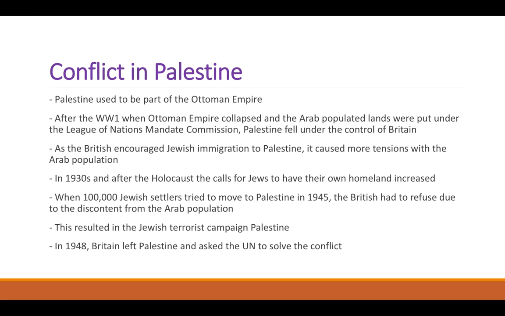So, in the 1930s, when Nazi Germany was evolving and Hitler came to power, and the Holocaust happened during the Second World War, more and more calls would be heard for the Jews to have their own homeland.